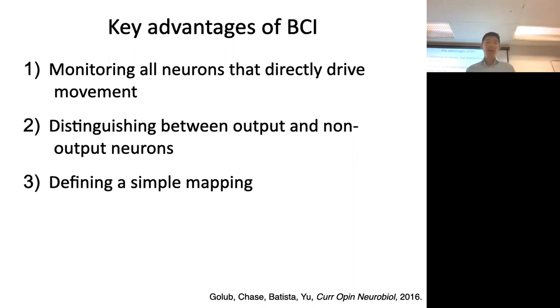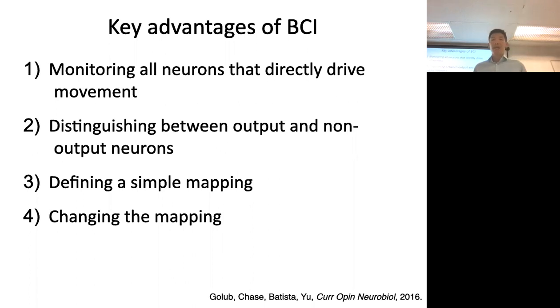The third is that we can define a simple mapping, like the one we saw earlier, and that allows us to define scientific hypotheses rigorously and test them rigorously in data. Fourth, we can change the mapping.